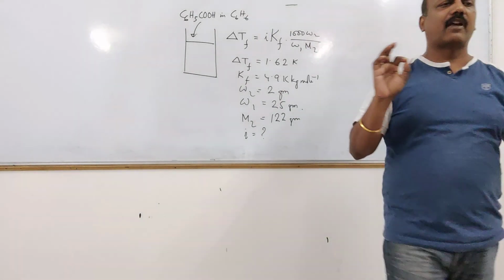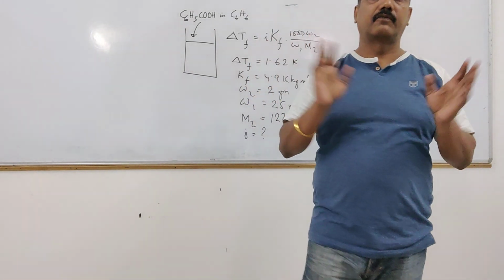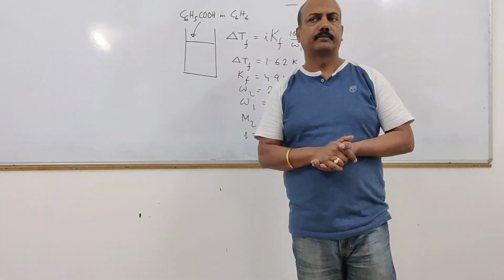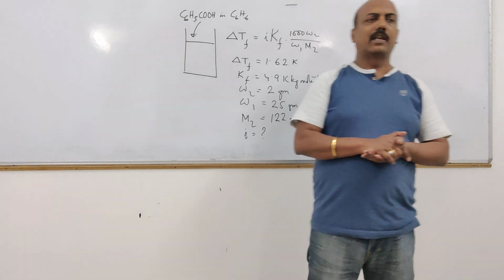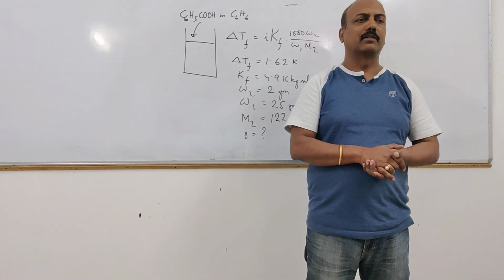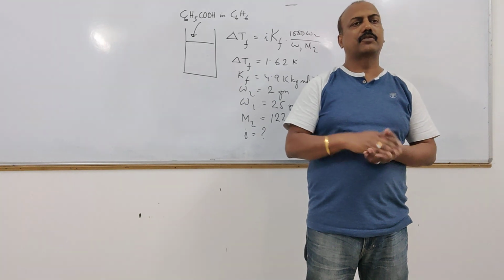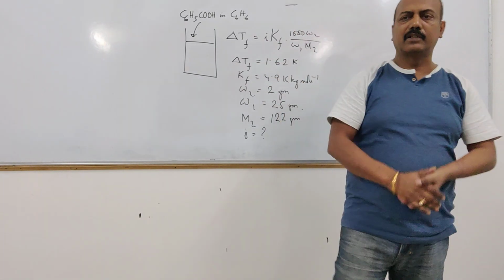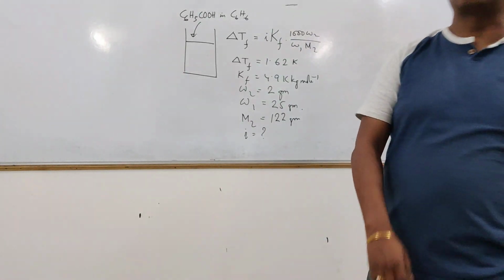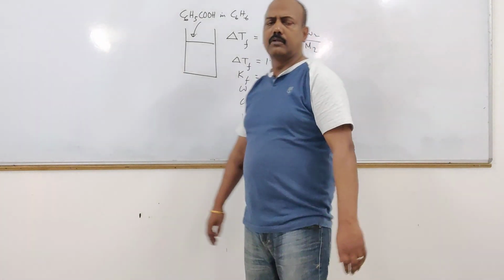First you tell me whether the value should come greater than 1 or less than 1. Less than 1. Why less than 1? Association is taking place, so it should come less than 1. So use the calculator, all of you have the calculator on your phone.